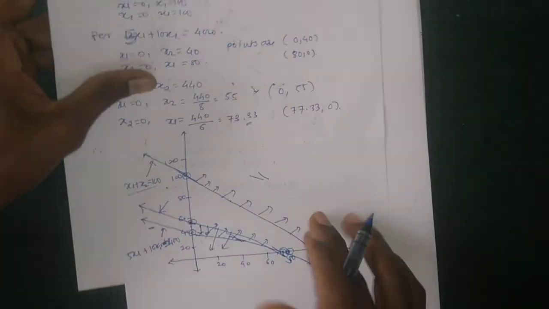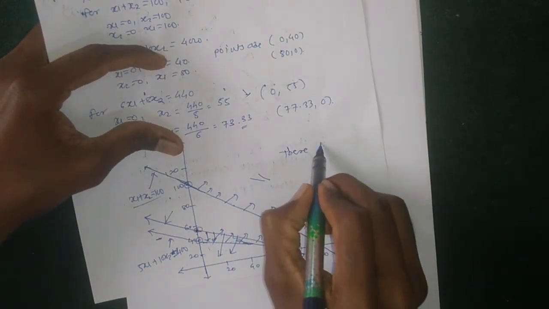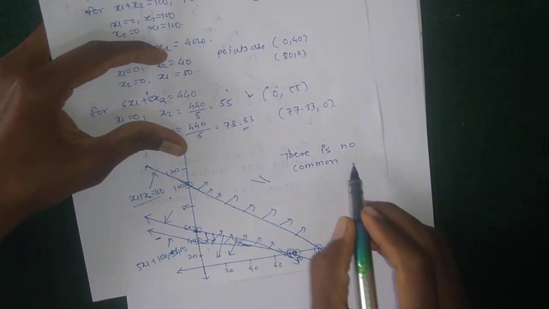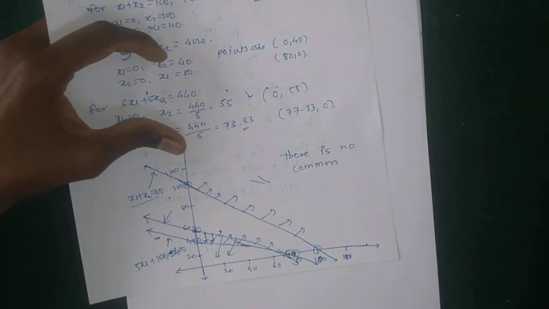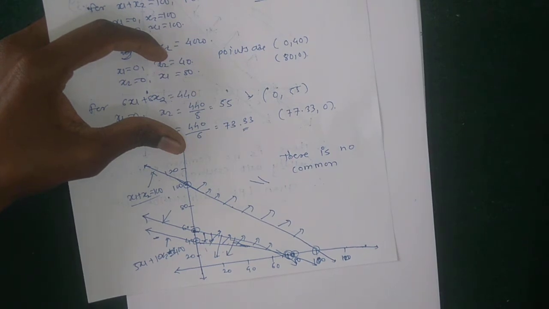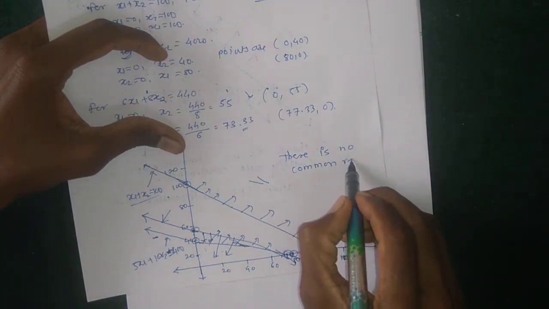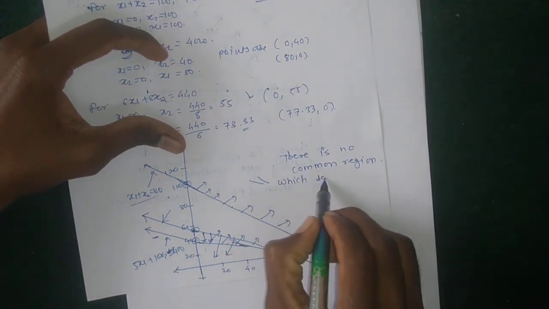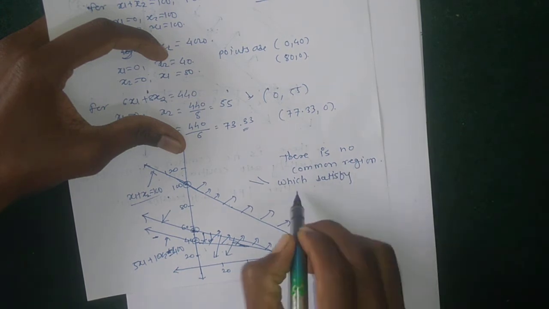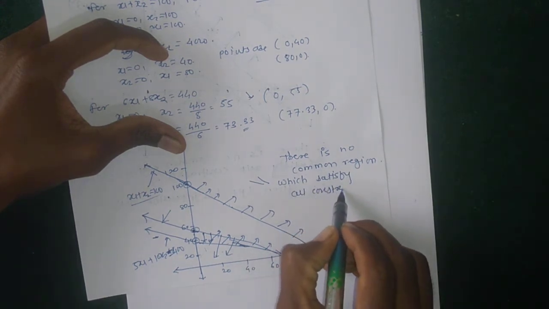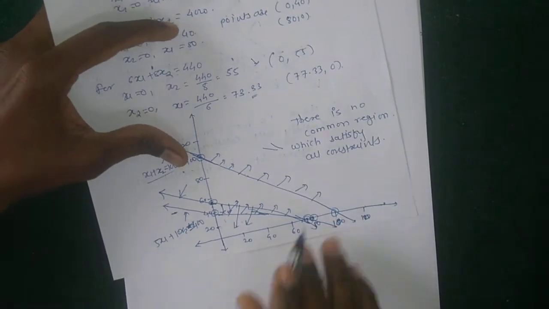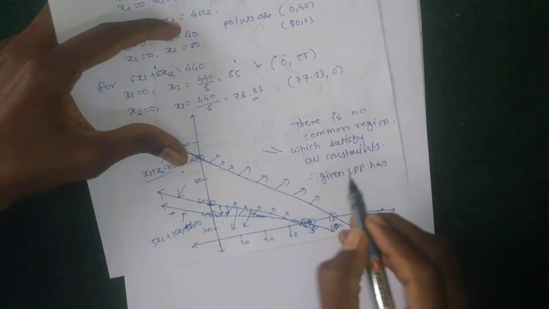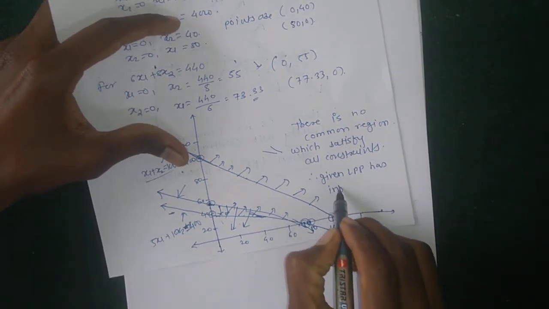In this graph there is no common region, and therefore if an LPP has no common region, it has an infeasible solution. There is no common region which satisfies all constraints, therefore the given LPP has an infeasible solution.